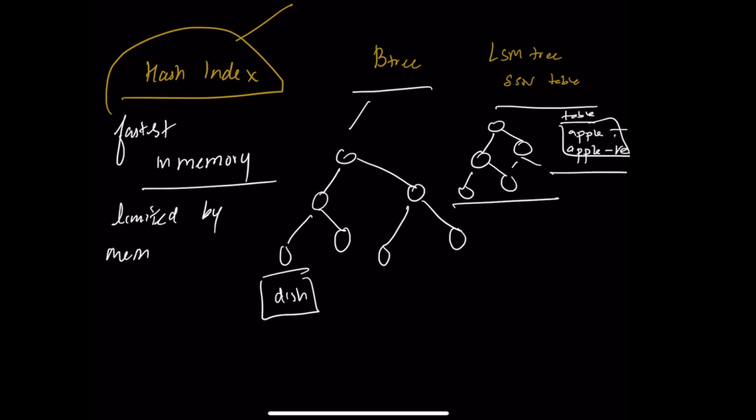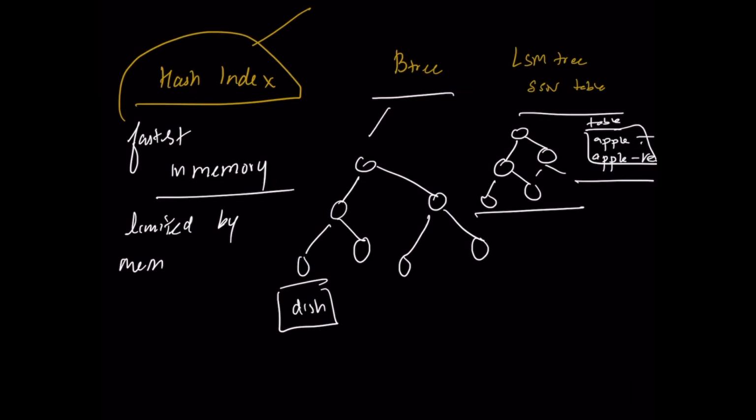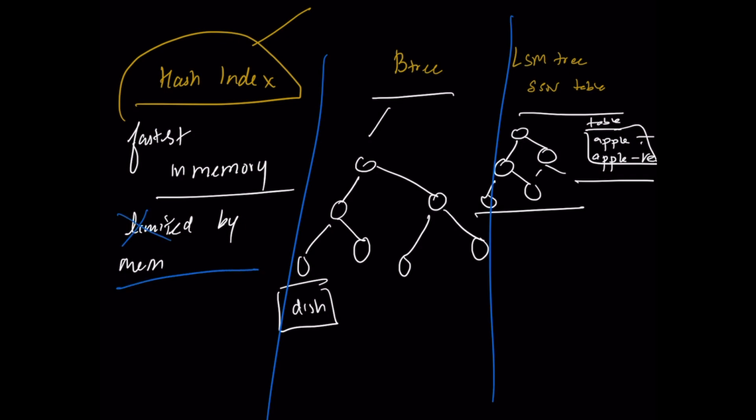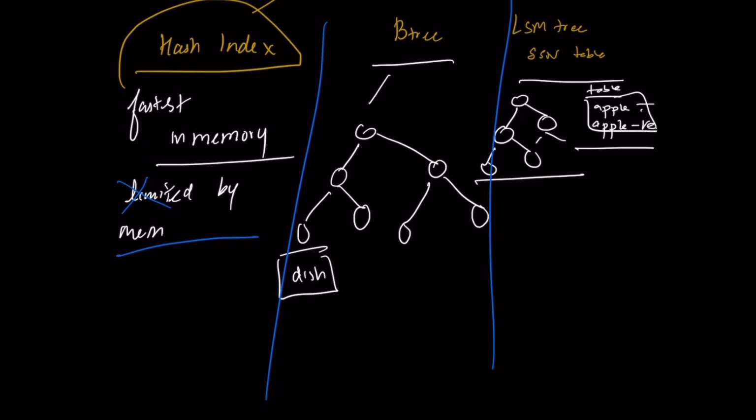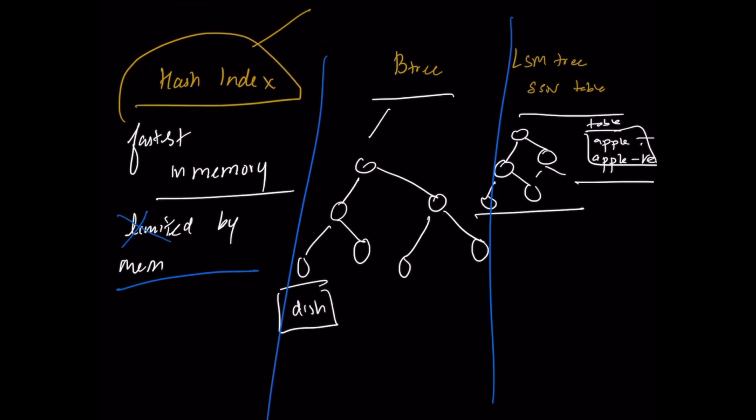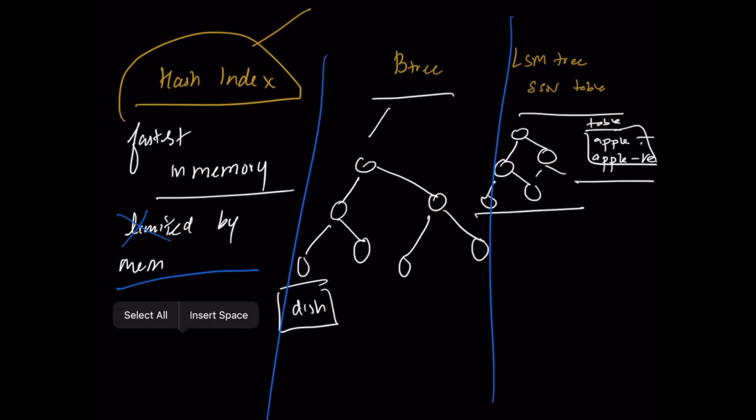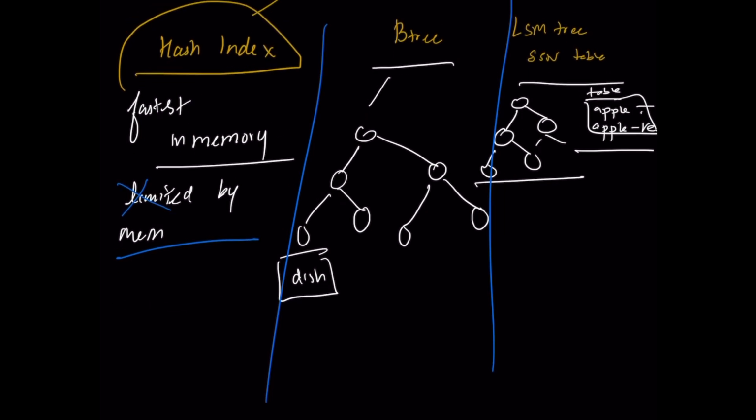So there's a tree, and there's a log which is in memory. I'm kind of done with the hash index because we're limited by memory, and if something goes down, the index is gone. So my choices are limited to the B tree and the LSM tree with SSTable.